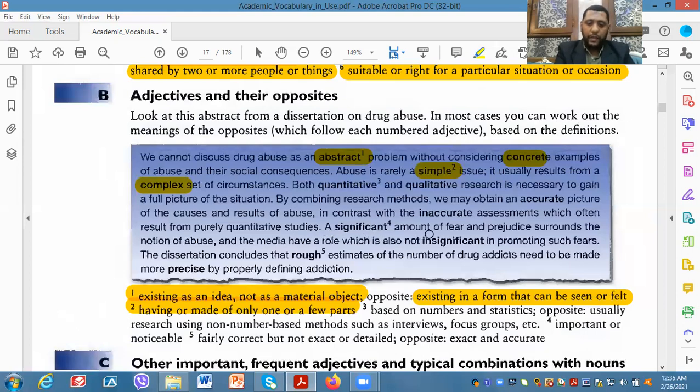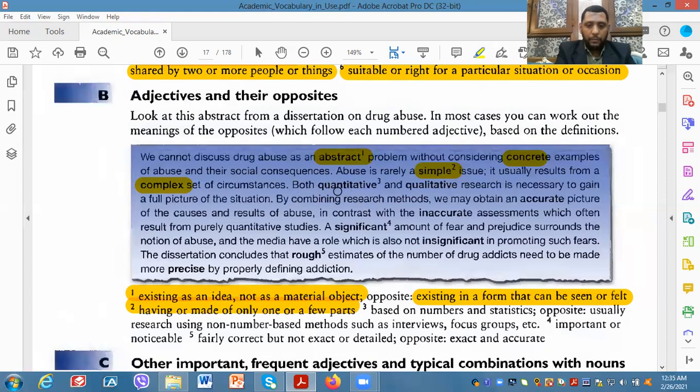A significant amount of fear and prejudice surrounds the notion of abuse, and the media have a role which is also not insignificant in promoting such fears. The dissertation concludes that rough estimates of the number of drug addicts need to be made more precise by properly defining addiction. Okay, so we come across many adjectives here and we need to stop at them.